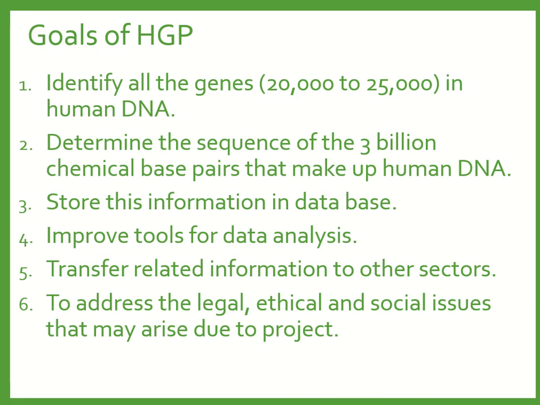Third, store this information in databases. Fourth, improve the tools for data analysis. Fifth, transfer the technologies to other sectors like industries. Sixth, address the ethical, legal, and social issues that may arise from this project.